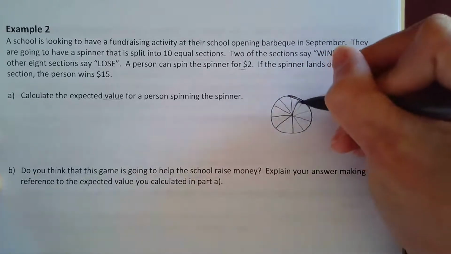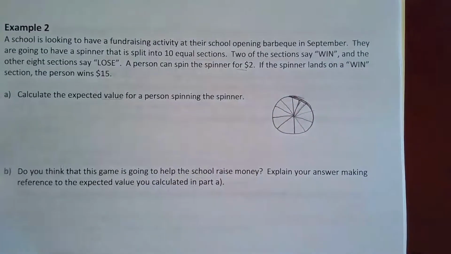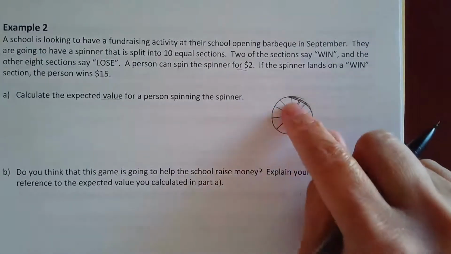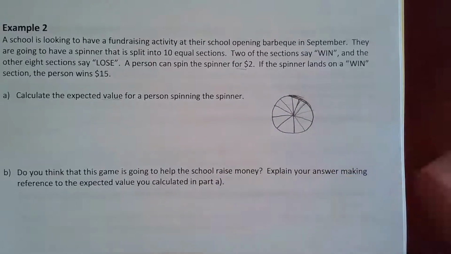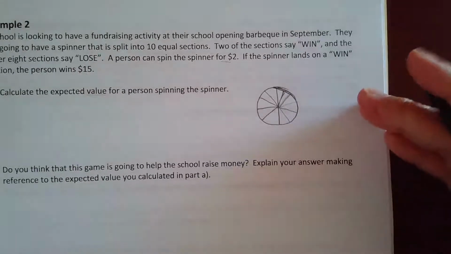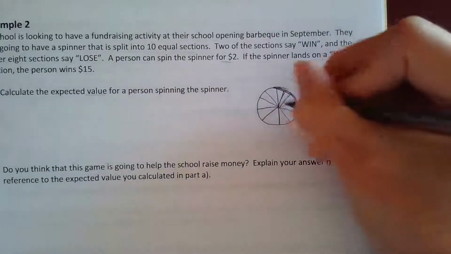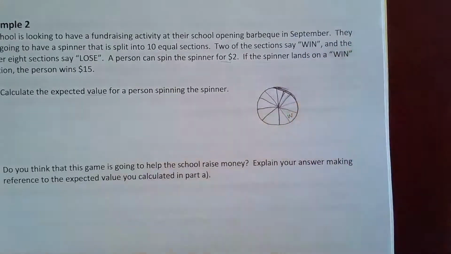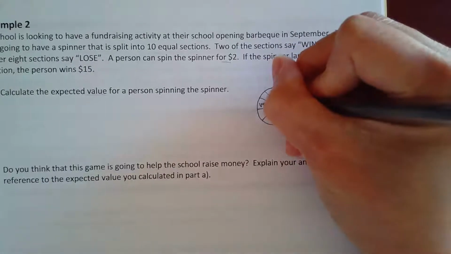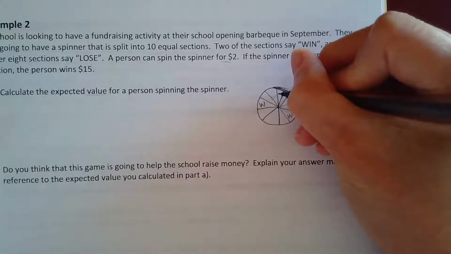They're not quite equal, but pretend they're all equal. So we got 10 different sections in here. Like I said, you don't have to draw this. I thought I'd just draw it out for you. So there's 2 wins. I'll put win there, and then I'll put another win here. And then the other parts are lose.